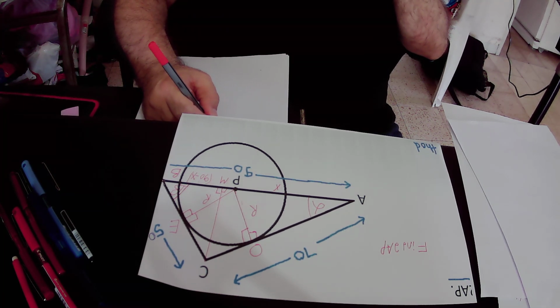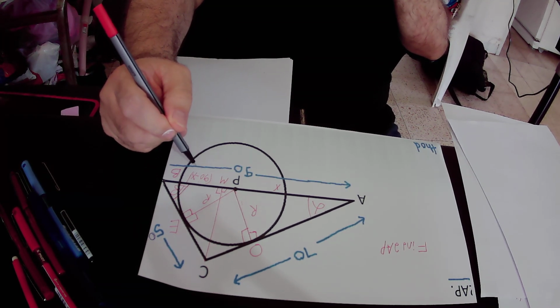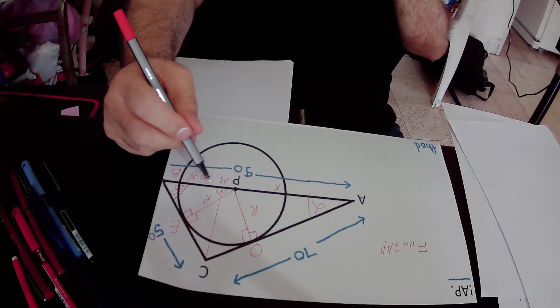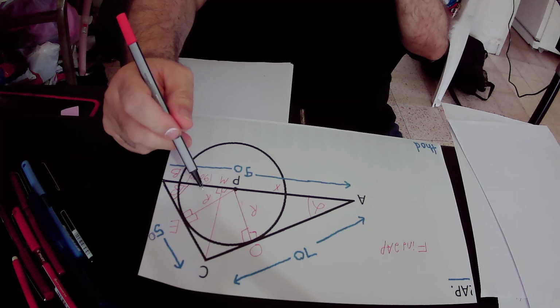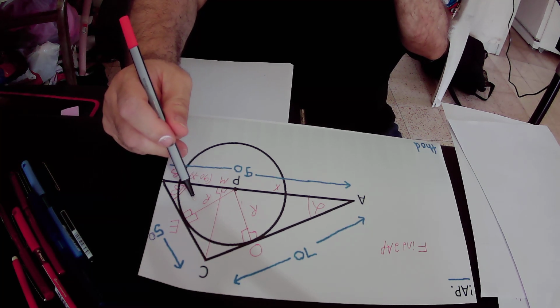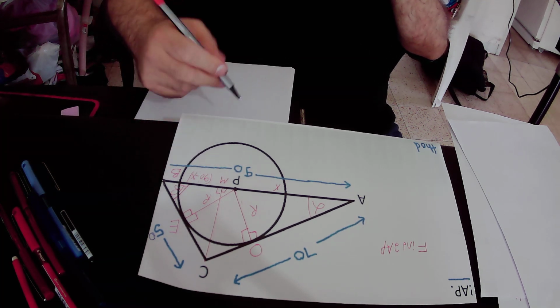I've already explained to you that PB is the hypotenuse of the triangle, because PE and PB are the perpendiculars of this right triangle, so PB must be the hypotenuse of the right triangle EPB.